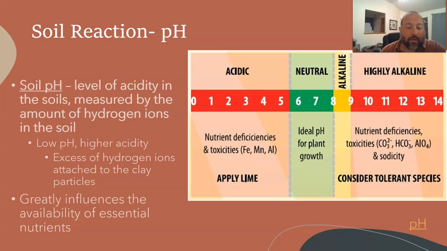This also greatly influences the availability of essential nutrients, whether the nutrients are going to be available or not. One way to deal with an acidic soil is to apply calcium carbonate or lime to get it more towards a neutral pH. And 6.5 would be perfect for plant growth, but not everywhere is going to be at that 6.5.